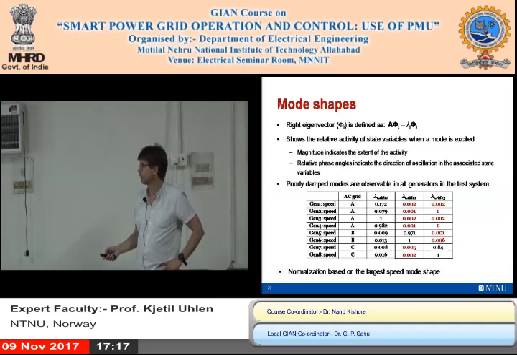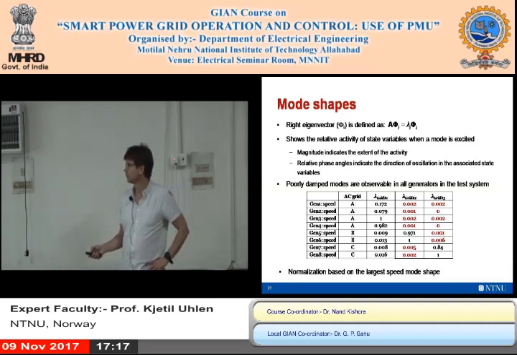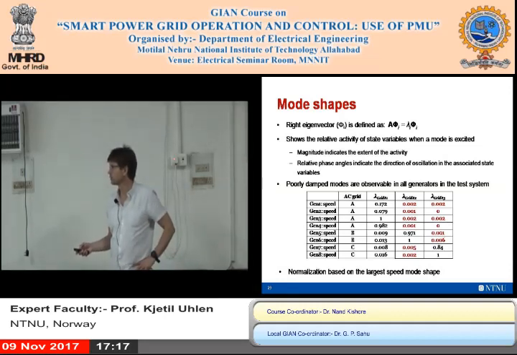The other way around, the mode in grid B is hardly observable in the others, and definitely not when terminal B is a slack bus, and so on.